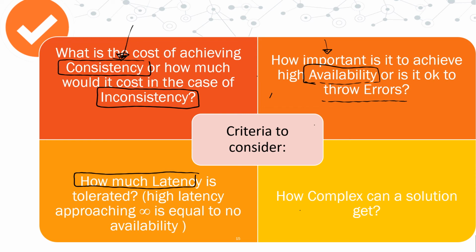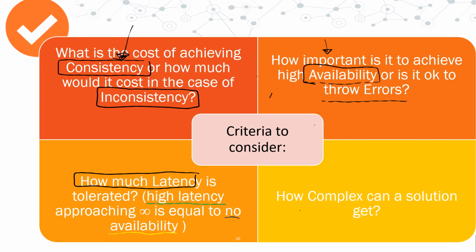And keep in mind as well that high latency could refer to no availability, right? Sometimes when the system is not returning the data in a good response time, that means it has high latency. In some cases, it is equal or similar to a system with no availability.